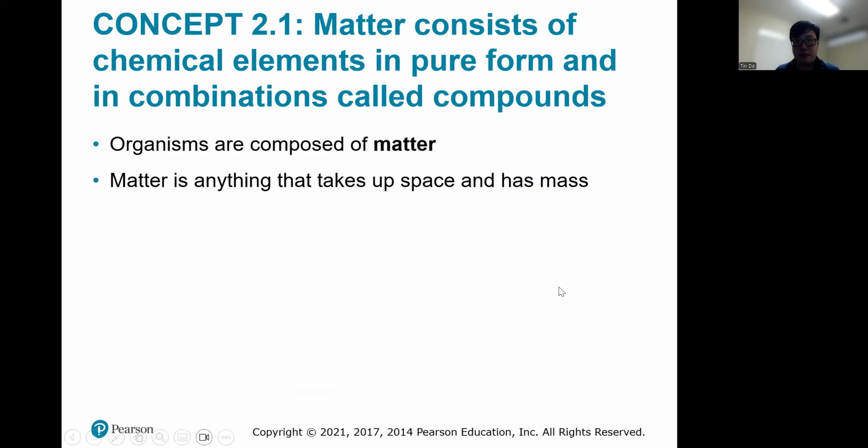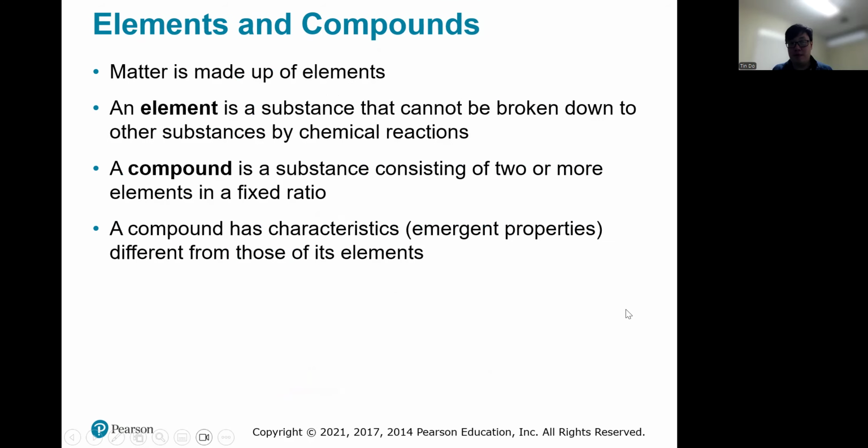Okay. So just know organisms are composed of matter. We are made up of elements. We're made of carbon, oxygen, nitrogen, hydrogen, sulfur, phosphorus, for the most part. Now, there are some trace elements that we are made up of, but just let's go through the background just a little bit. Elements, again, are a substance that cannot be broken down anymore.